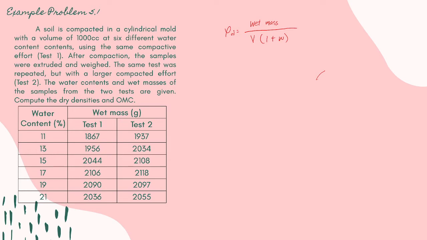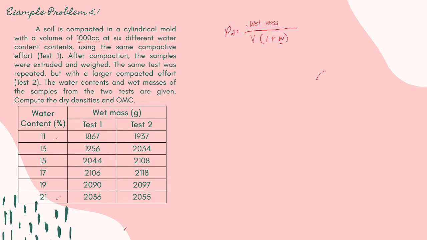You simply substitute the wet masses, and the volume is equal to 1,000 cubic centimeters, and for the moisture content you substitute the corresponding water content.